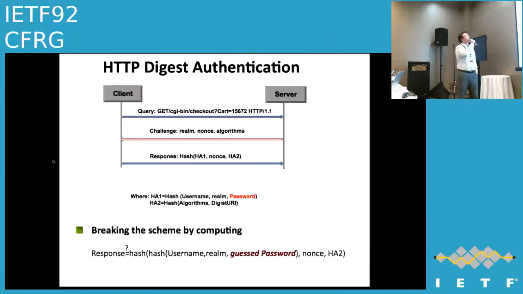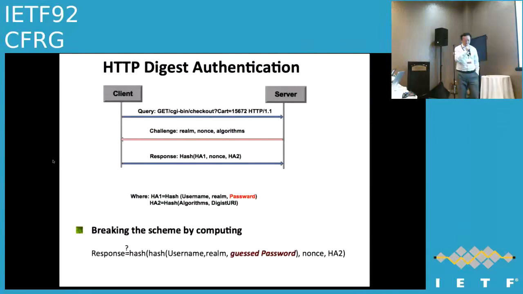In this scheme, the password is not transmitted in clear text. It is transmitted in hashed format. An attacker cannot get the password directly, but can get the hashed password messages. So how do they attack to break this scheme?